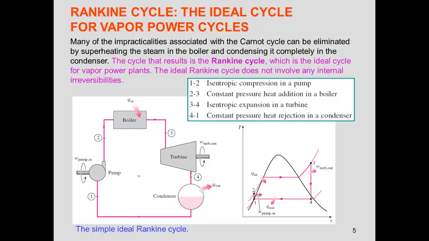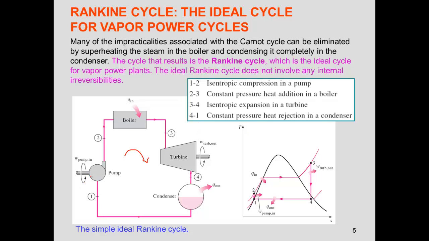Here we have the same cycle, and once you can see the arrows, we can just draw one in which we have the basic components: pump, boiler, turbine, and condenser. And we call this the simple ideal Rankine cycle. And we said it's ideal because we do not involve any irreversibility.